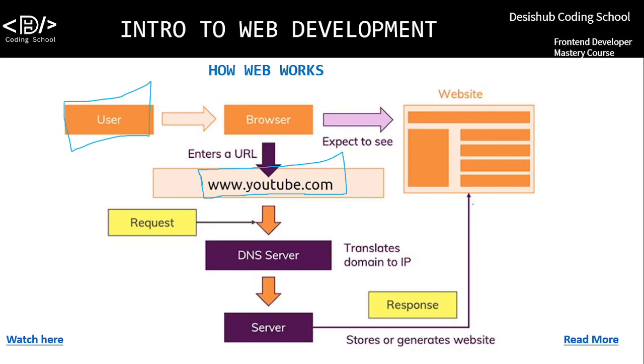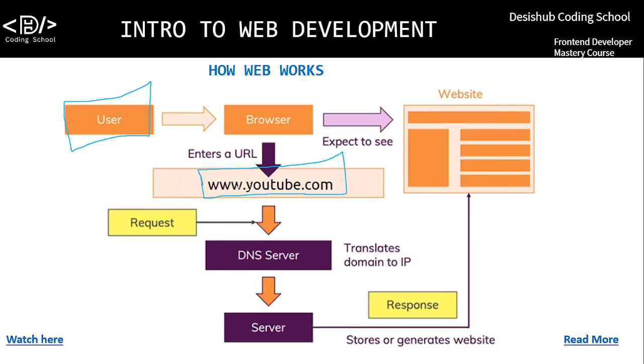They are sent back to the browser, and then the browser gets all those files and renders them as a website. So basically, in brief, that's how the web works.